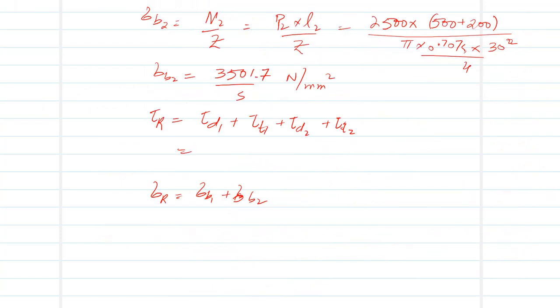Tau D1 is 30 over S. Tau T1 is 1000.5 divided by S, sorry, not 1250.